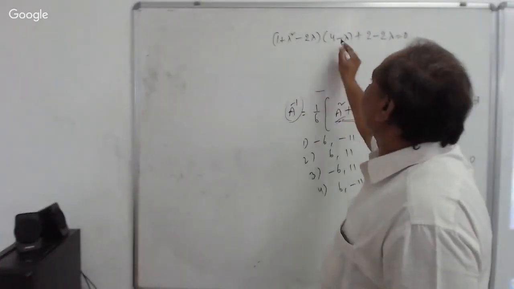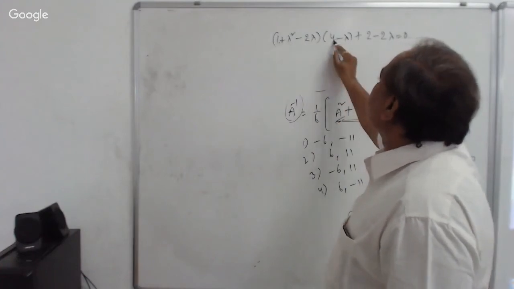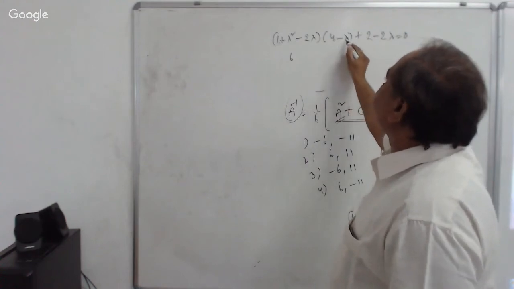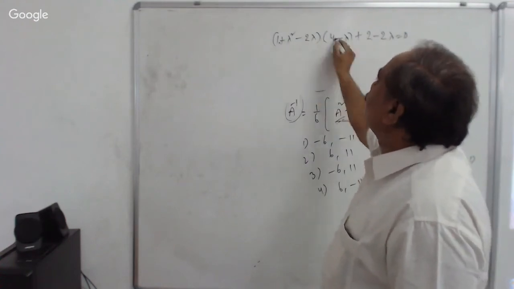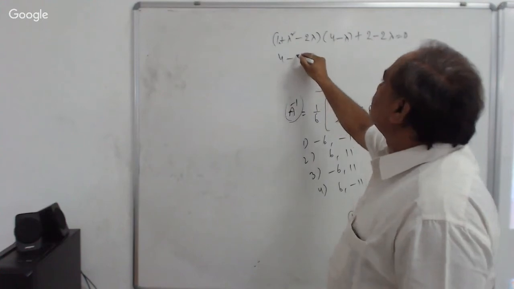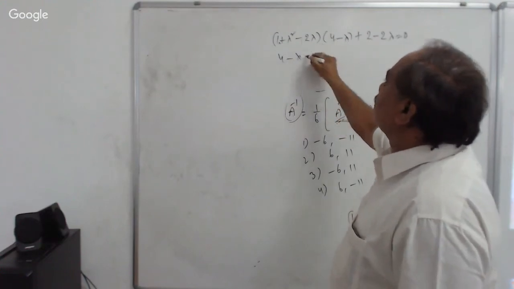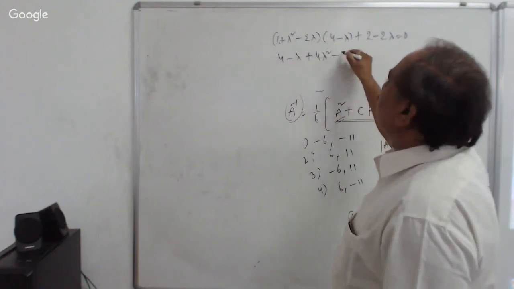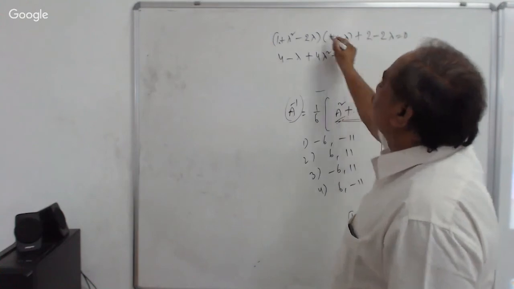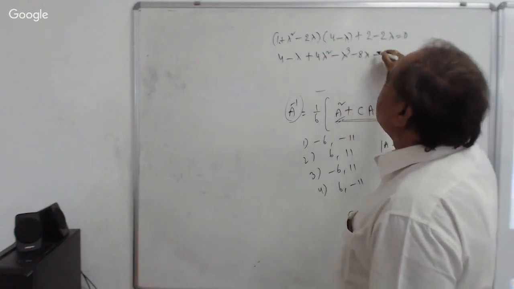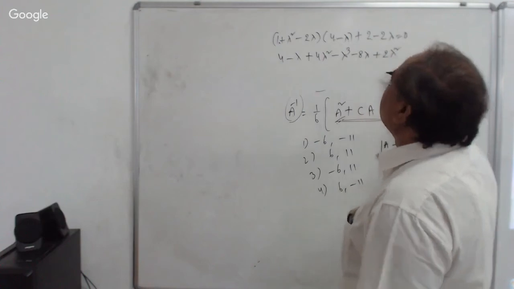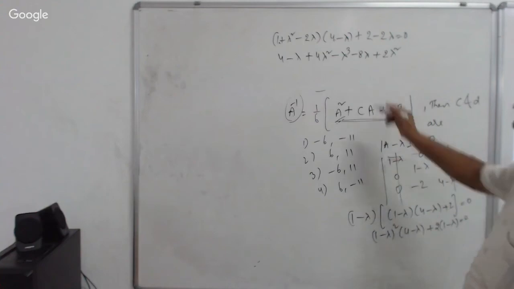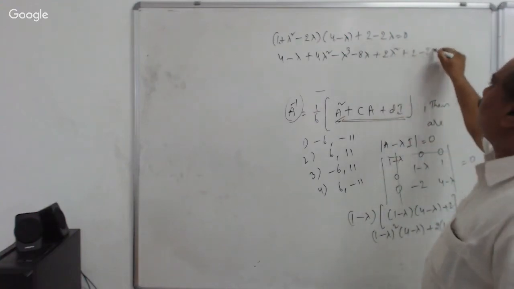Now 4 plus 2 is 6 minus lambda, okay, carry on. 4 minus lambda plus 4 lambda square minus lambda cube, minus 8 lambda plus 2 lambda square, plus 2 minus 2 lambda equal to 0.